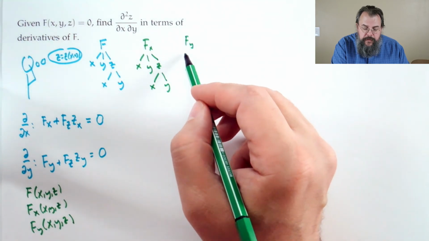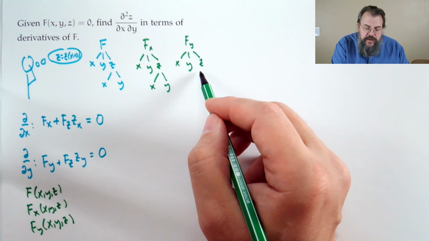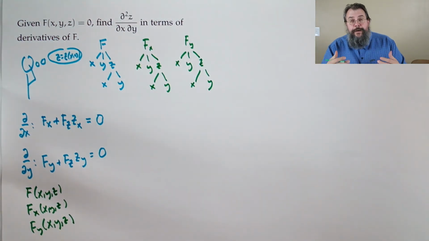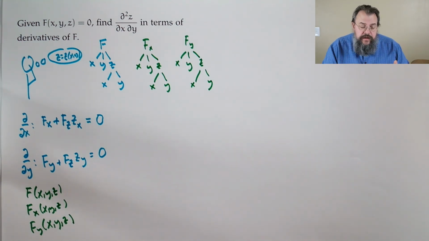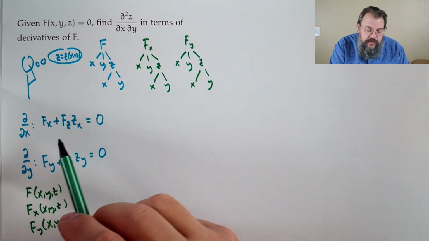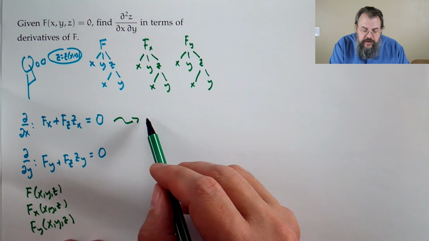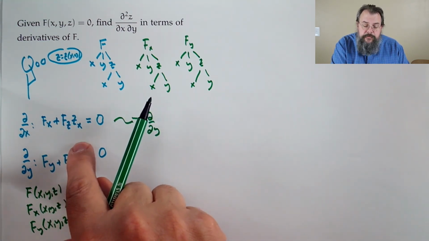If we wanted to, it doesn't really matter which one we draw, because when we take the partial derivatives, we still have the same variables in play, we still have the same relationships showing up. So it doesn't matter which one we start with. So I'm going to go to, say, the first one, and I'm going to focus on taking the derivative with respect to y from this expression.